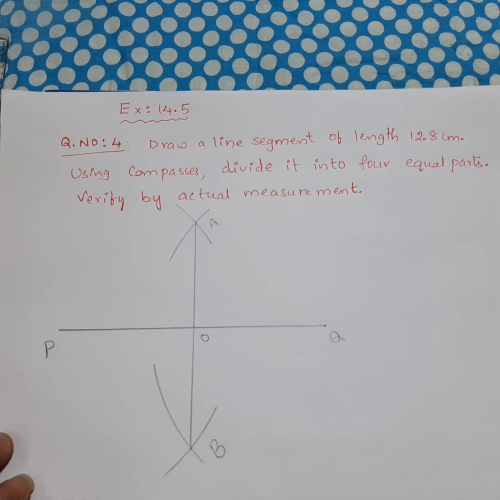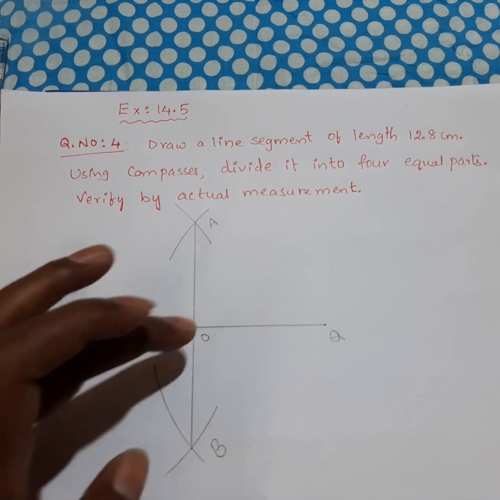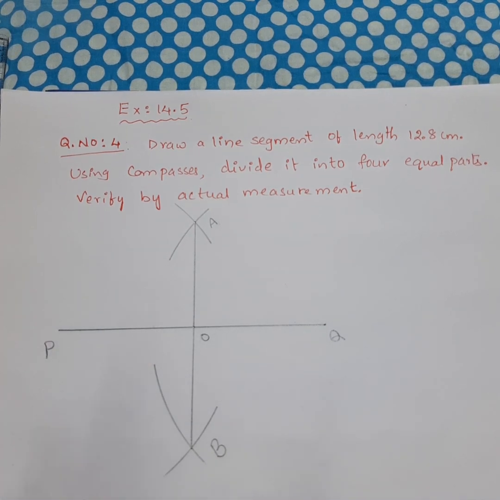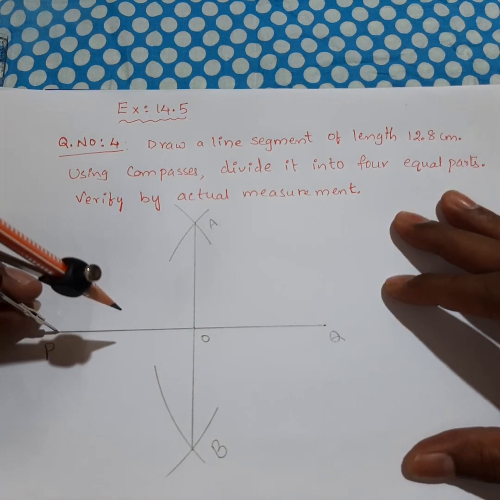Right? So now we need to draw one more perpendicular bisector, for OP. Now take the line segment OP. Same process: take more than half of the length of PO.